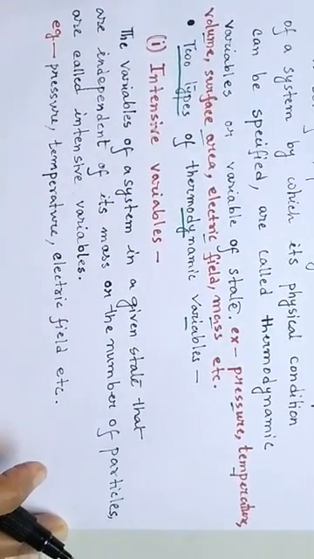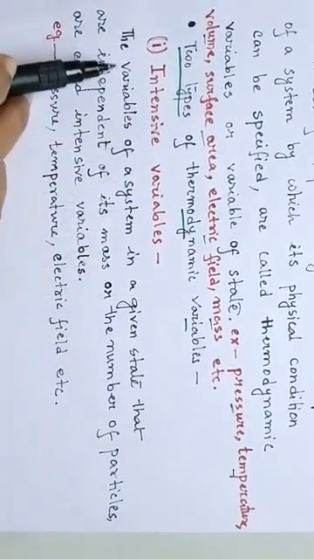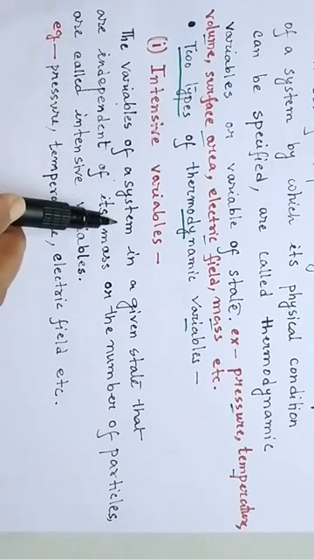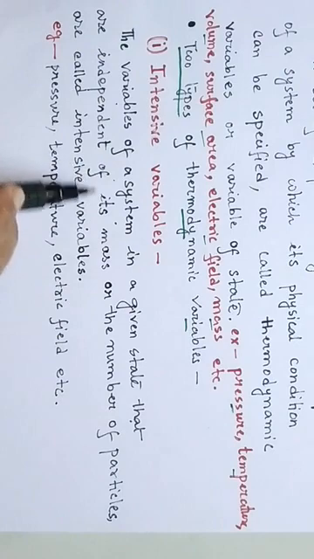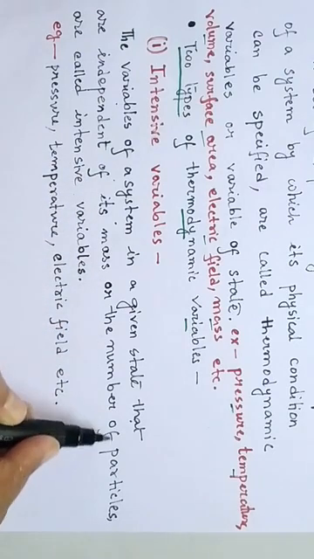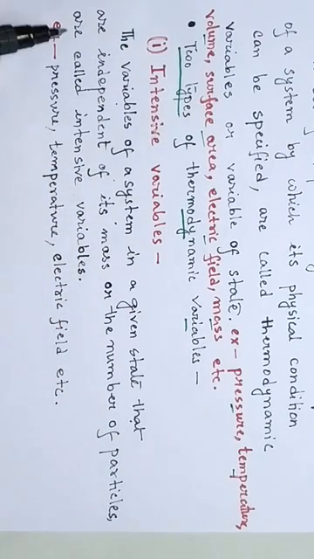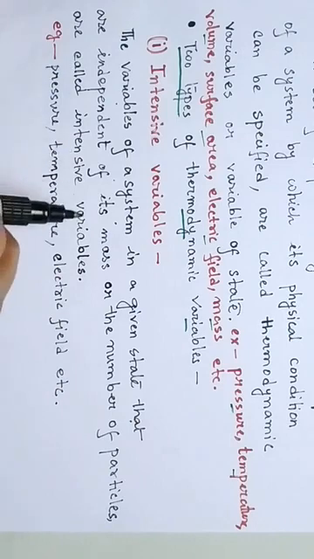So at first, what are intensive variables? The variables of a system in a given state that are independent of its mass or the number of particles present in the system are called intensive variables.